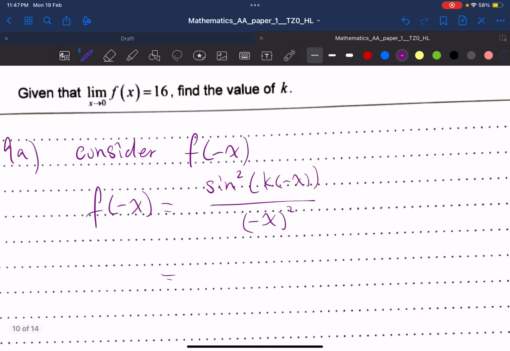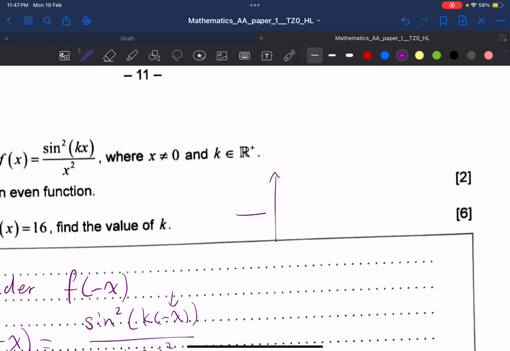For the top, sine squared simply means sine of kx, squared. And if you remember, anything negative inside the sine, since sine is an odd function, is the same as the negative outside. The reason is, let's say sine looks something like this.